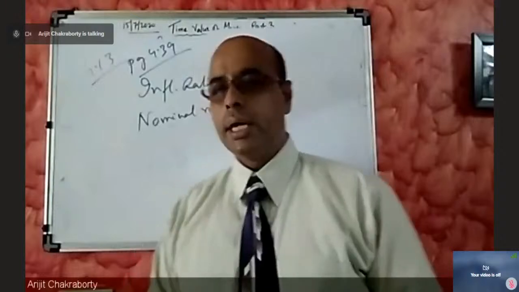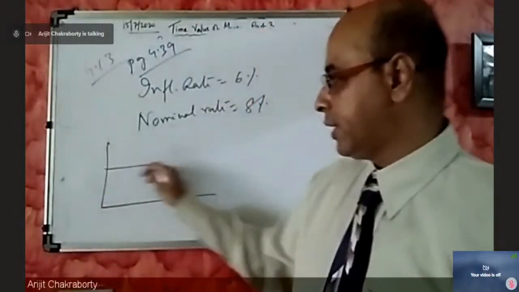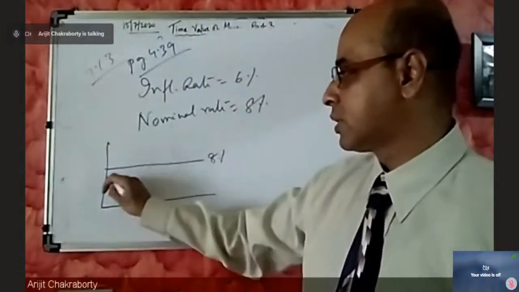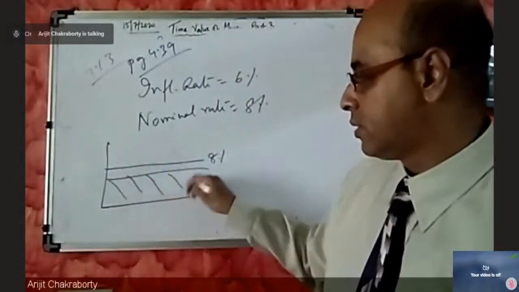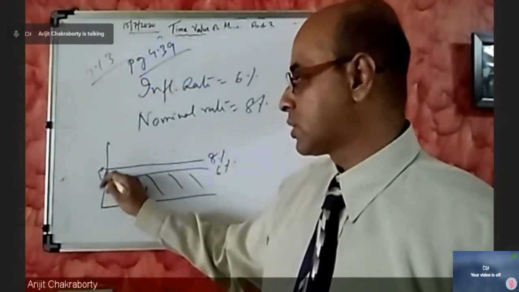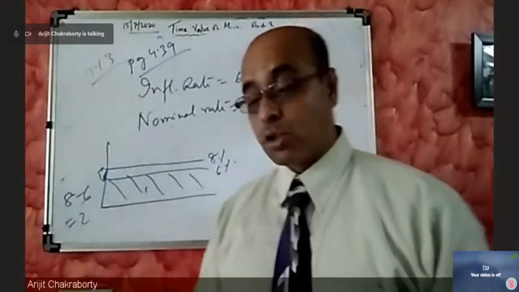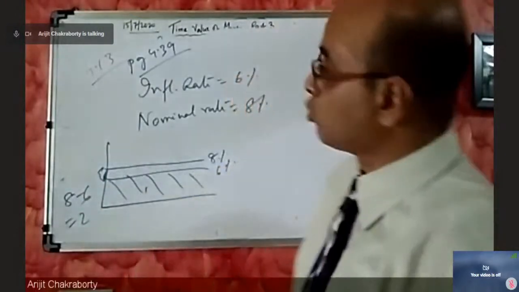That means I am getting 8%, but 6% is the inflation. So what is the net amount? It is 8 minus 6, that is 2. So my real rate of return is 2%.